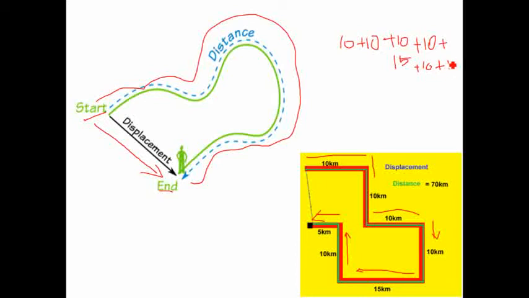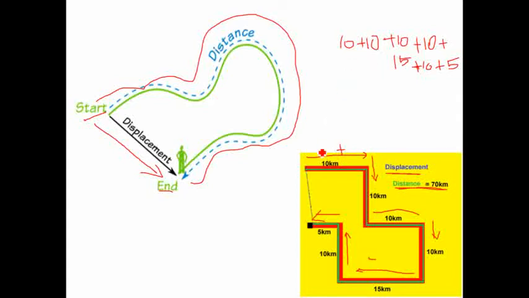Without considering the direction, I have simply added up all the distance values on the whole, which gives the scalar quantity without direction, which is simply the distance. When you add up all these values, it is giving the distance value to be 70 kilometer. If it is displacement, you know that you have to consider the direction. So for one particular direction you have to give the positive symbol, and in the opposite direction you have to go for the minus.